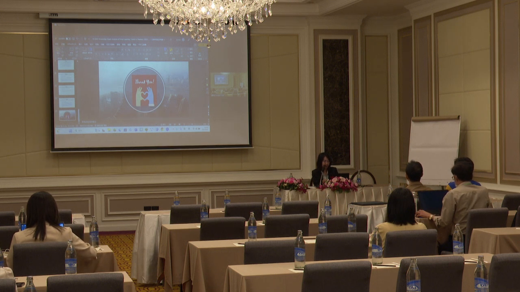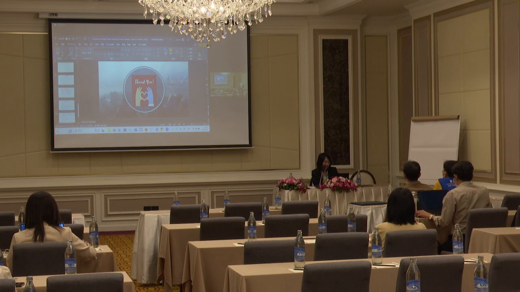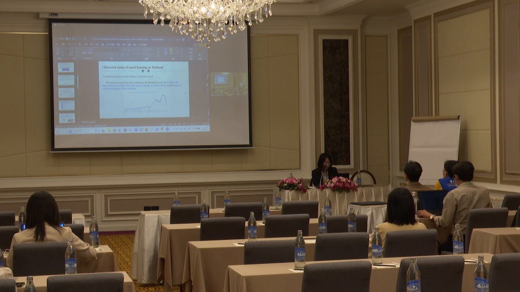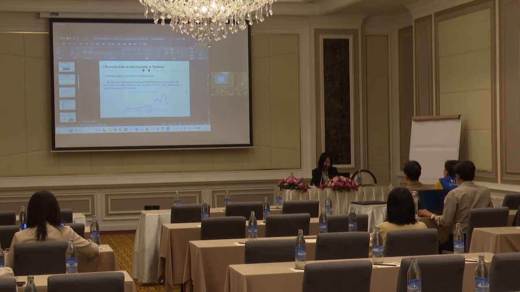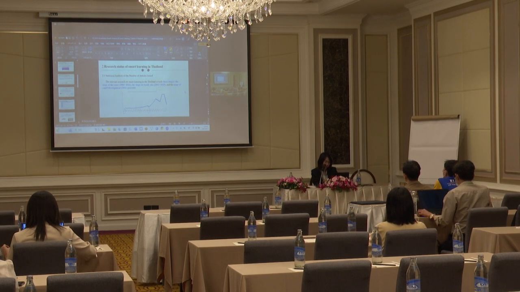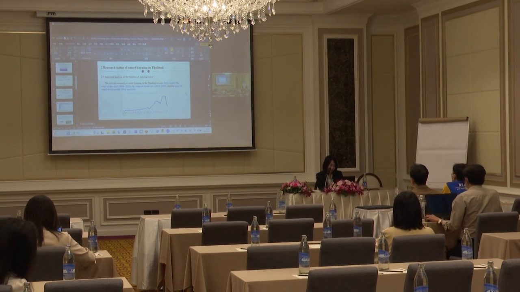I have some questions. Can you go back to the graph? I think on the third slide, maybe your trends. Yes, slide 7. Okay, we can see that the trend of your research in smart learning is very high during 2021 to 2022, right? And it significantly dropped in 2023. Can you explain what this implies?